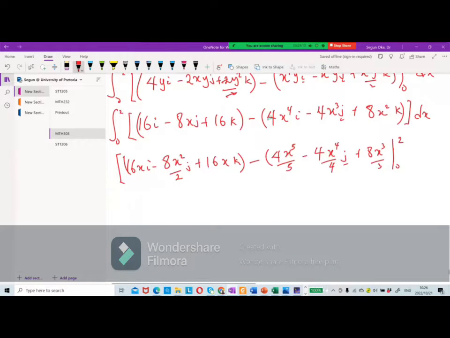So what do you have now? From 1 to 4, this one goes with this. So let's substitute the value now. You have 32i. Or should we just do it one after the other?